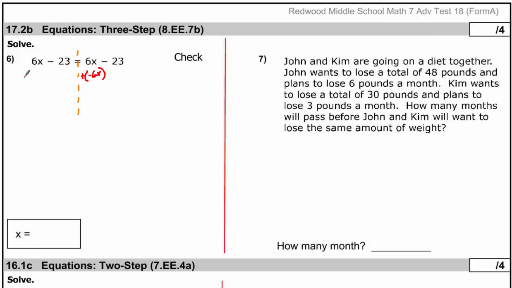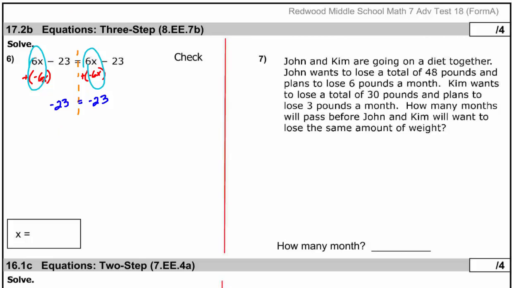So we're going to add negative 6x's to each side. But then you say, wait a minute. When I add negative 6x's to each side, those cancel, and now all I have left is negative 23 equals negative 23. I don't have any x's left.